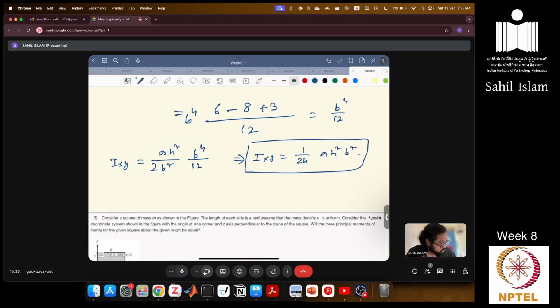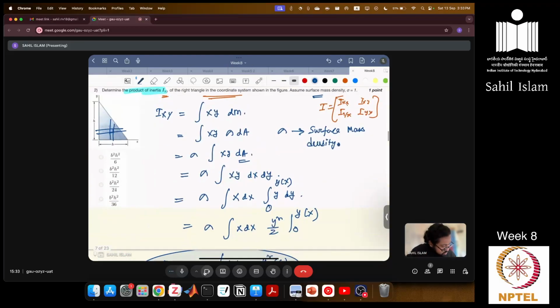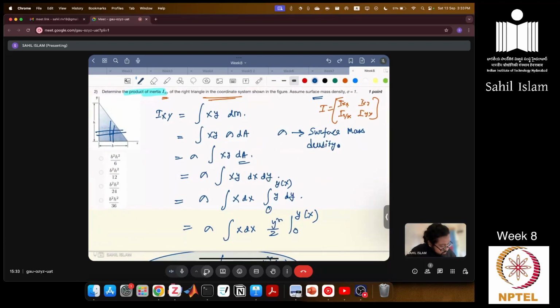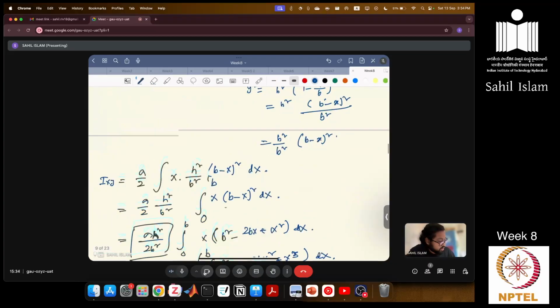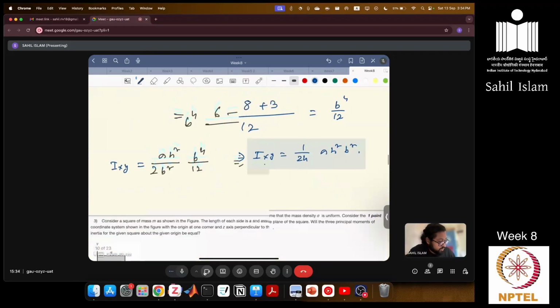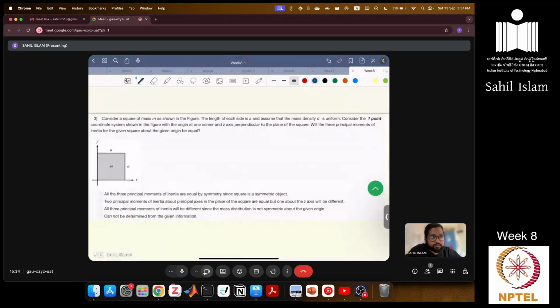So this is what we get as our answer. Let's check if it is 1 by 24 b square h square. Yes, this is our answer, and the sigma is given to be 1. That's why the sigma is not in the answer. Fine.